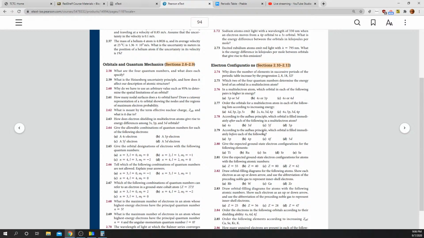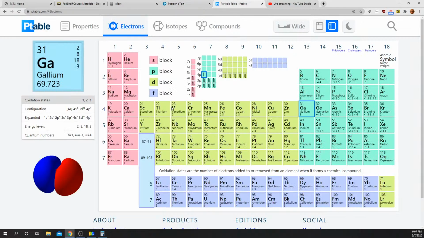Those are all right there on the periodic table. 5f is this guy down here, and that's going to be followed immediately by this one, 6d. They're both in the 7th row, but remember f is shifted by 2, d is shifted by 1. And then 5p, this guy here, is going to be followed immediately by 6s.